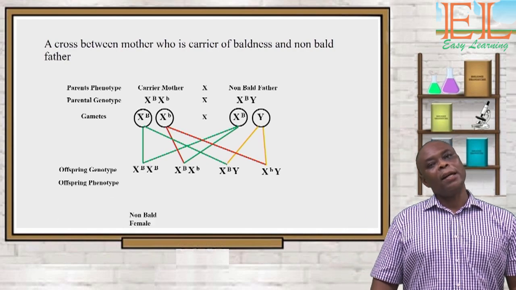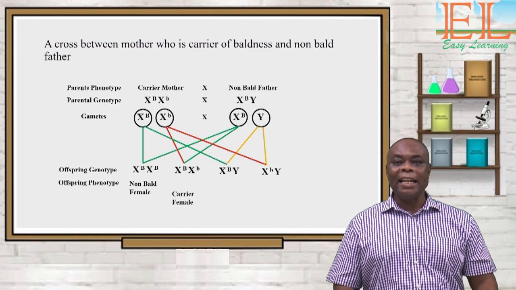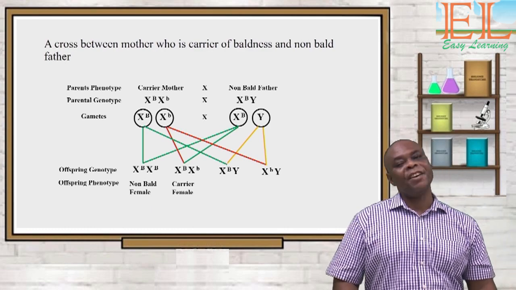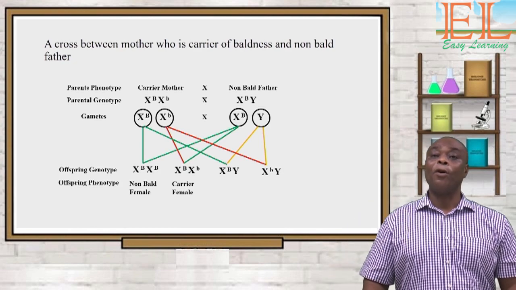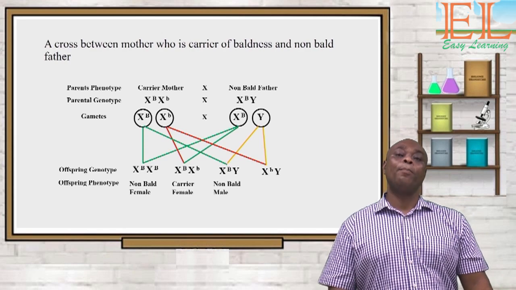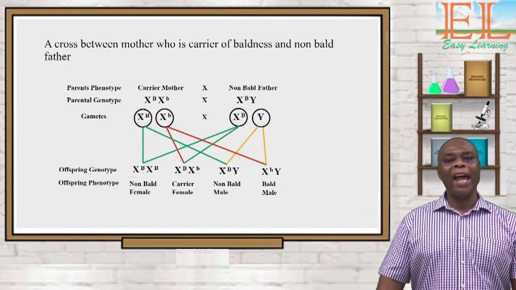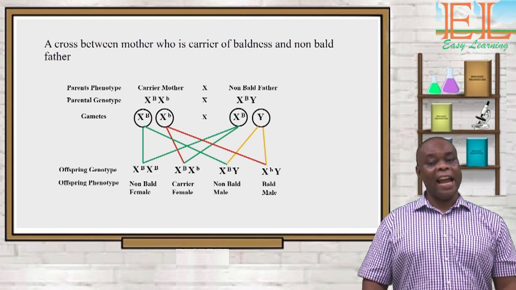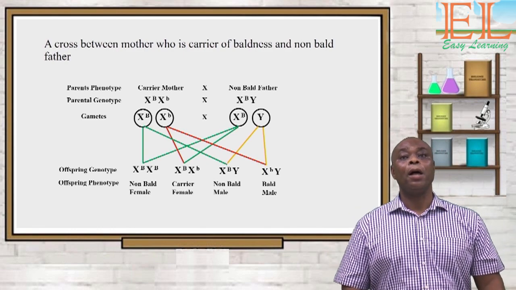Then the third one will be XY, leading to formation of a boy, but since the X carries capital B, that boy will be non-bald. Then finally, we have a bald boy where the X carries small b, which is recessive, and hence that boy will be bald.